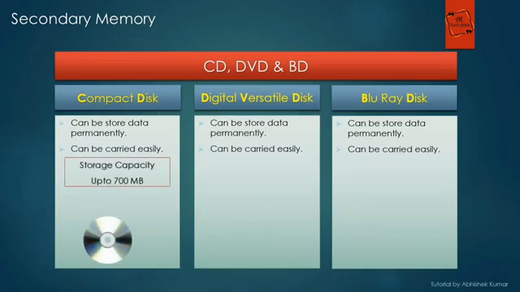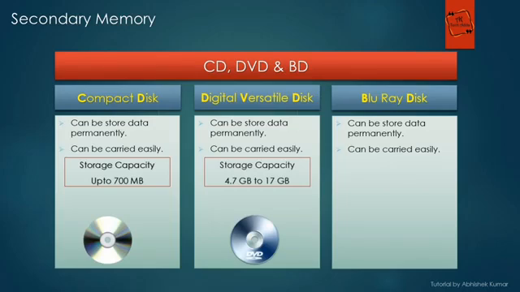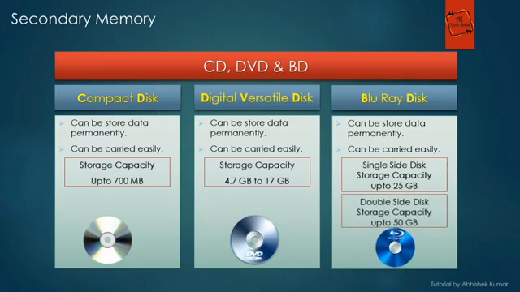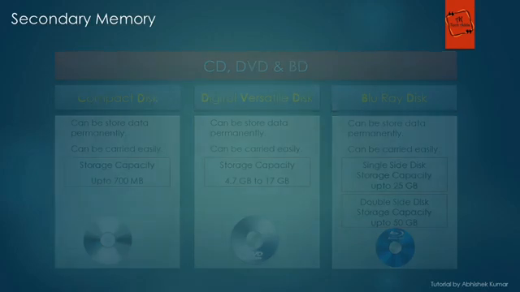A CD can store data up to 700 MB, whereas DVD can store data of 4.7 GB to 17 GB. Blu-ray disc comes in two types, one single side, which has a storage capacity of 25 GB, whereas two-sided disc will store data up to 50 GB.